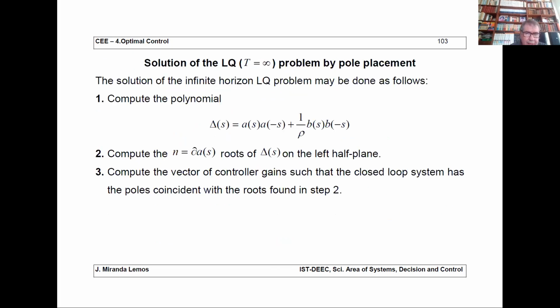So another way of solving the problem by pole placement is to build this polynomial, delta S, and to take the stable roots. So the stable roots, I haven't told you that the stable roots are the optimal ones. You always have roots that are either on the left and symmetric on the right. So you always have n stable roots of this polynomial.